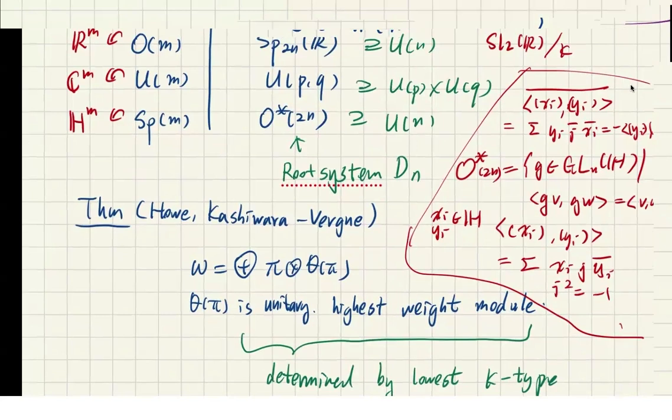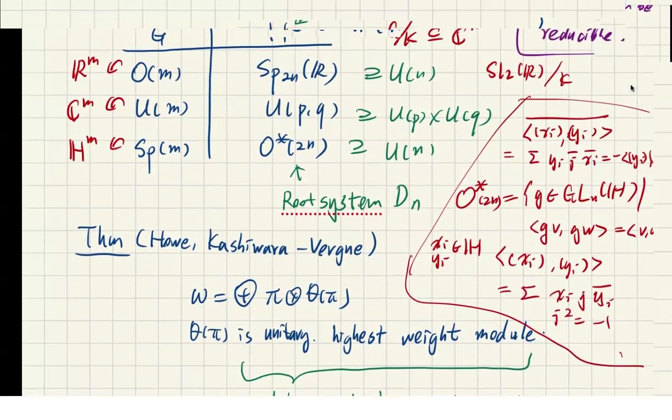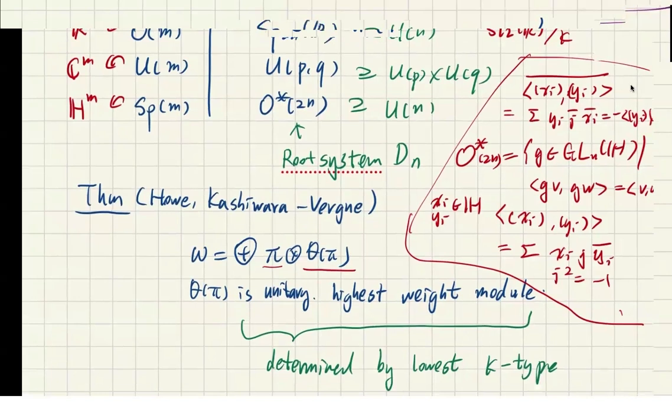So the point is that if I give you a compact group G and H is the counterpart of the compact dual pair, then the Weil representation will decompose as a direct sum of irreducible representations. Of course, not all occur in general, but many of them will occur. So we have a complete description, and its theta lift is a unitary highest weight module determined by its lowest K-type.